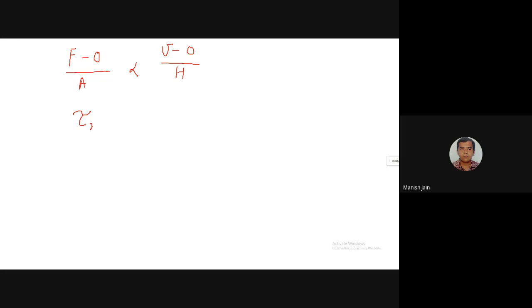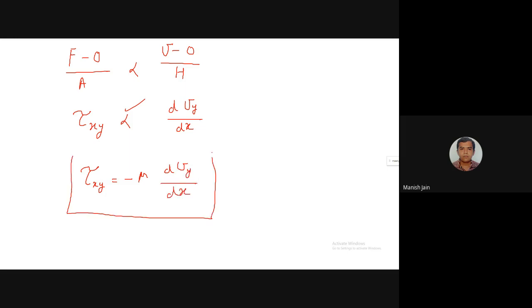So tau xy is proportional to dv_y by dx. When you remove the proportionality sign, you get a constant: tau xy equals minus mu dv_y by dx, and this is Newton's law of viscosity.